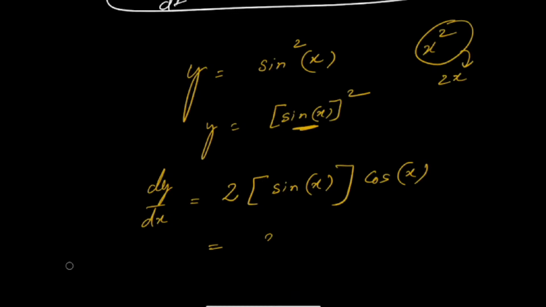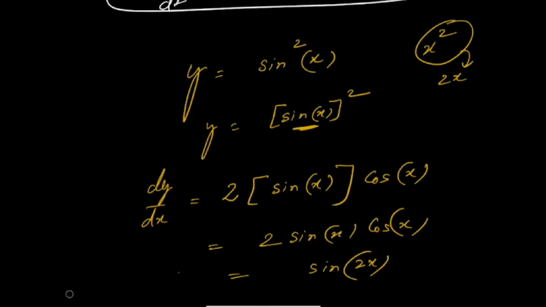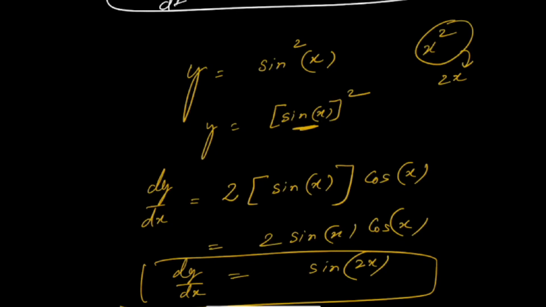So dy by dx is 2 sine x cos x, correct? Which is nothing but sine 2x, because we saw this identity already. So dy by dx is sine 2x. So if y is equal to sine square x, by chain rule we got dy by dx equal to sine 2x.